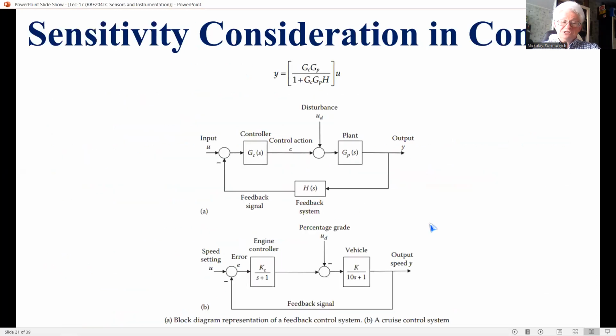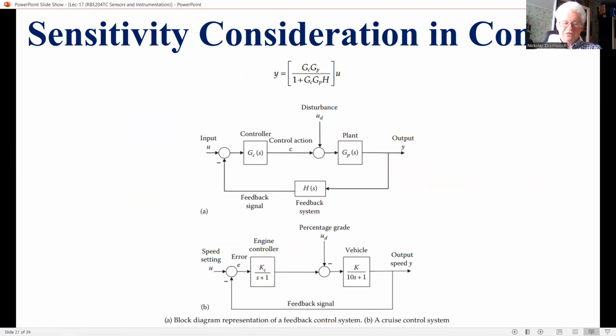So the accuracy of a control system is affected by parameter changes in the system components and by the influence of external disturbances. And furthermore, some types of control, like adaptive control and self-tuning control, depend on the sensitivity of the system to control parameters.